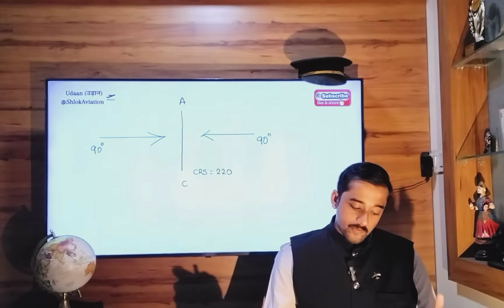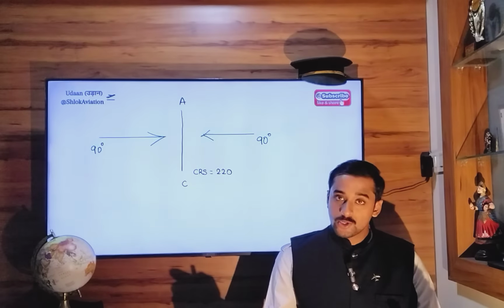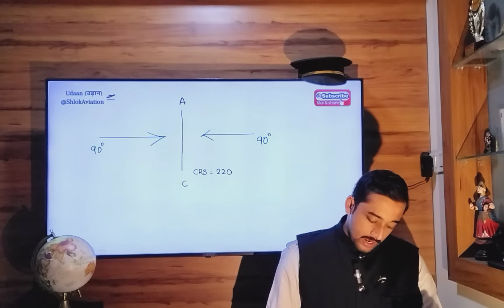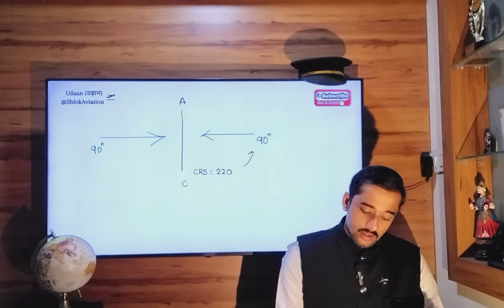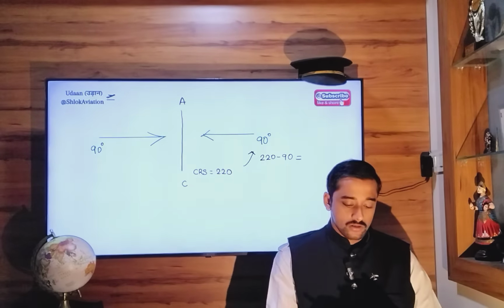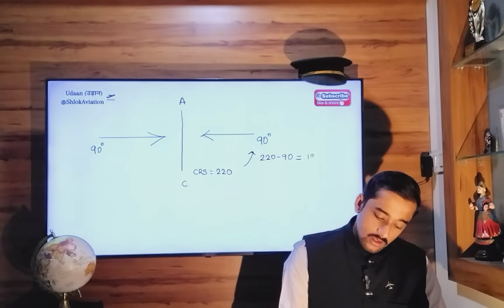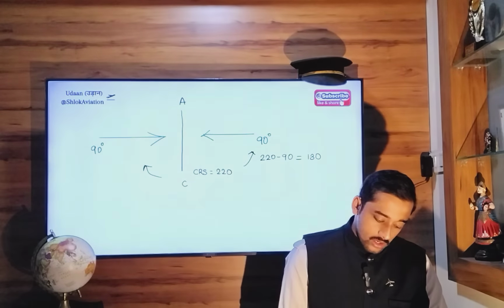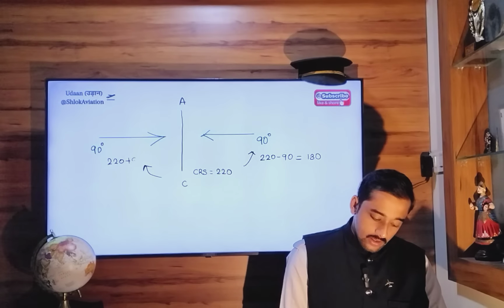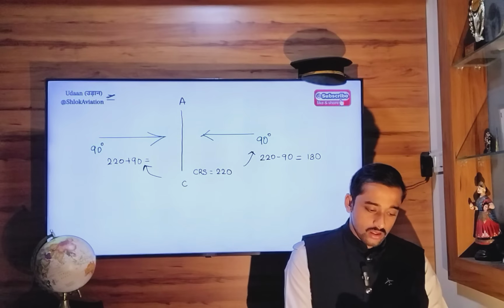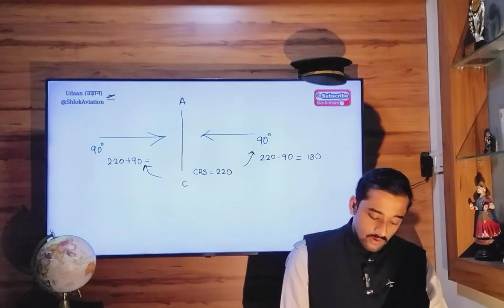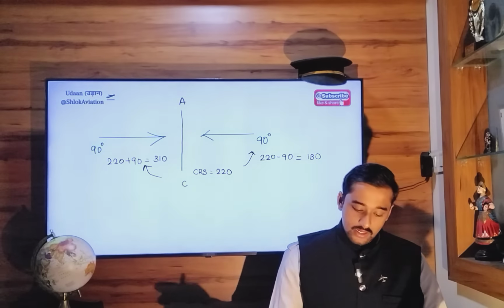So the possible options are 220 minus 90, which is equal to 130, and 220 plus 90, which is equal to 310.